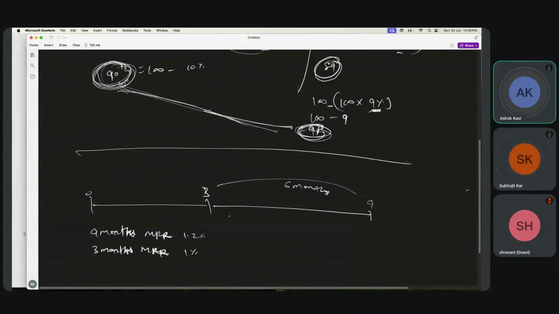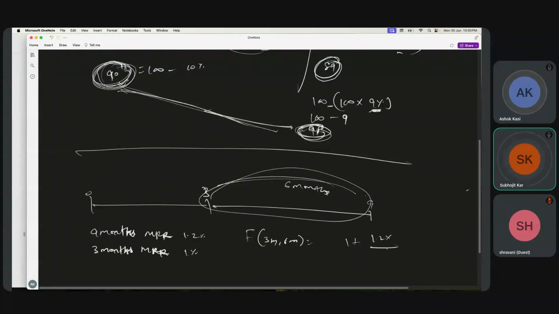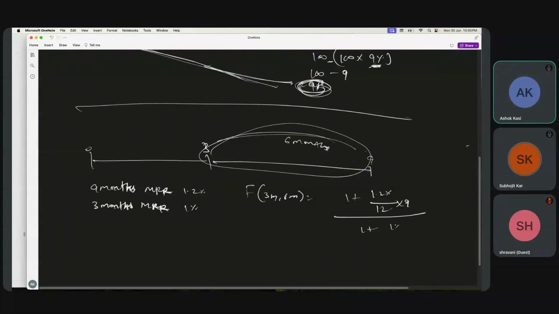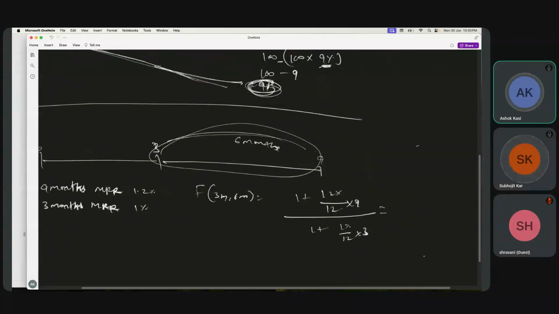So how do I find out this one? This is forward rate after 3 months for 6 months is equal to 1 plus 1.2 percentage for 12 months into 9, divided by 1 plus 1 percentage for 12 months into 3. This way we have to find out. So when we discount, we will get for 6 months. So whatever answer you get, that is for 6 months, which you have to multiply by 2 to annualize it. Right. So this way we have to find out.